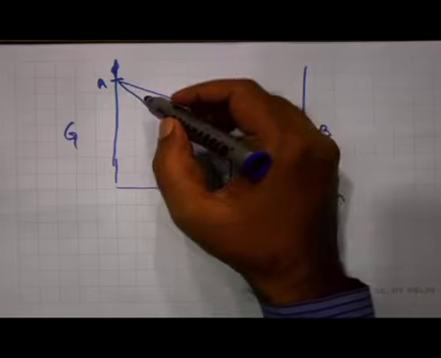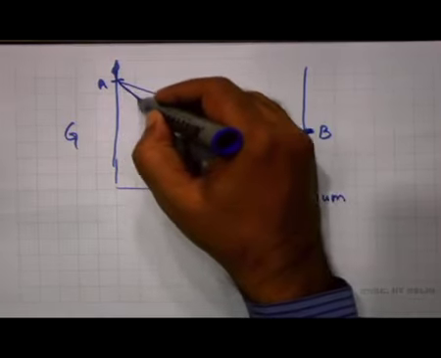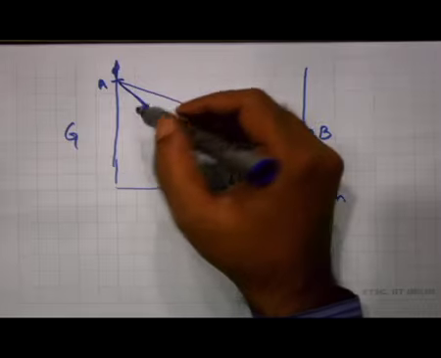What do we mean by delta G? Basically, if I go from here to here, delta G is less than 0.